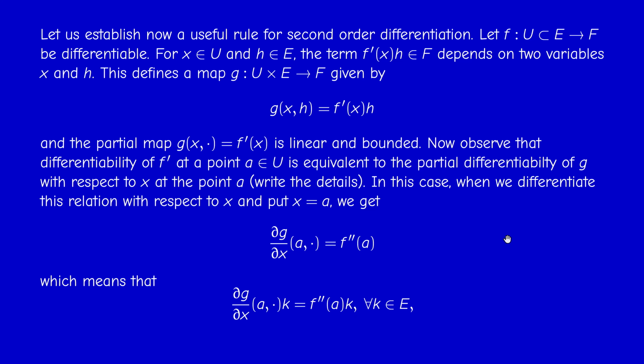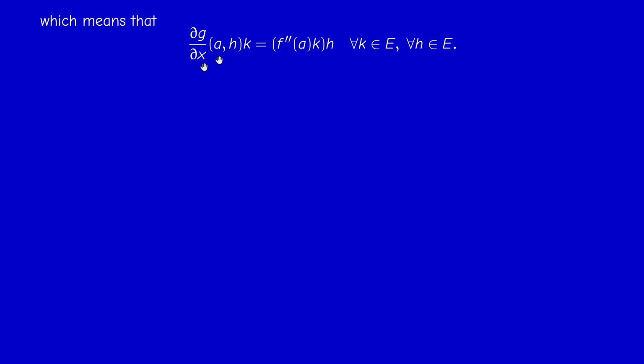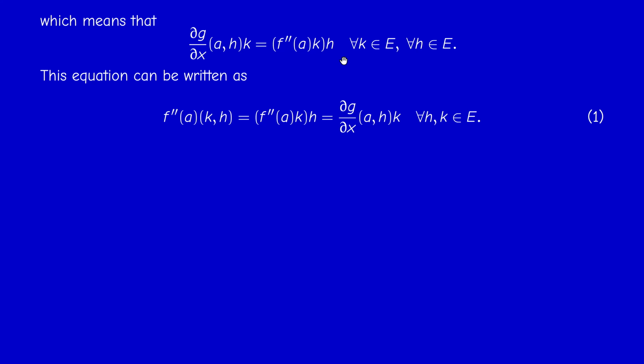Okay, and this precisely means that if we put all the variables together, the partial derivative of g with respect to x at the point A in the direction k and h is this second order derivative that we can write f double prime of A of k and h. Okay, so what does this mean?